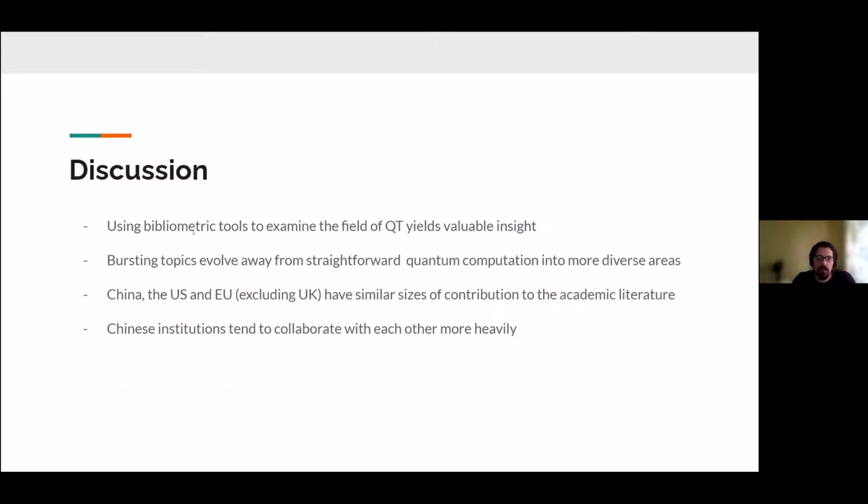And the discussion here is that we can find some valuable insight through using bibliometric tools. So my suggestion to you is, if you are a PhD student, or you are starting your PhD, or you are trying to decide your PhD topic, you should use such tools and check whether there are some topics that you don't know about in the literature.